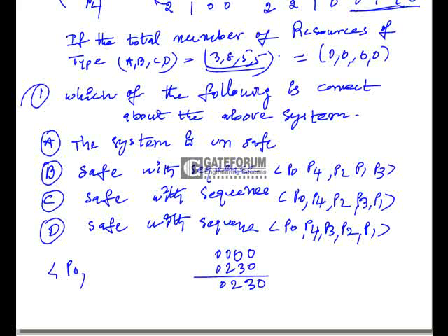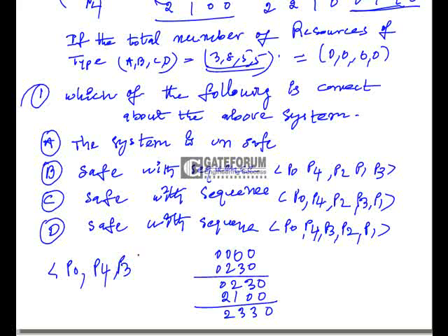For example, if you execute P4, then 2 1 0 0 will be released. So this will be 2 3 3 0. These are not sufficient for P1 and P2, but sufficient for P3.